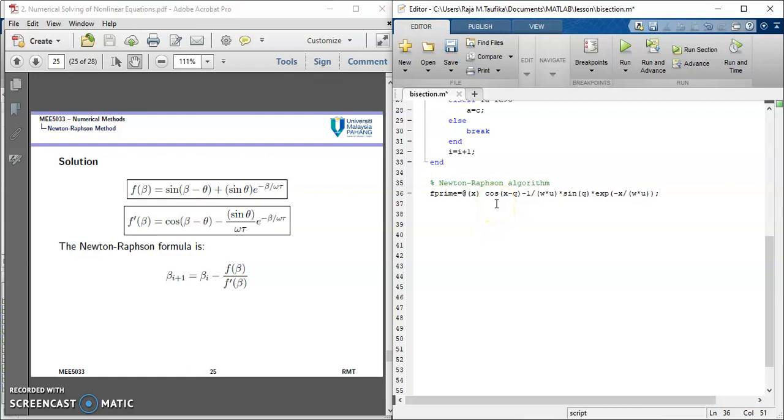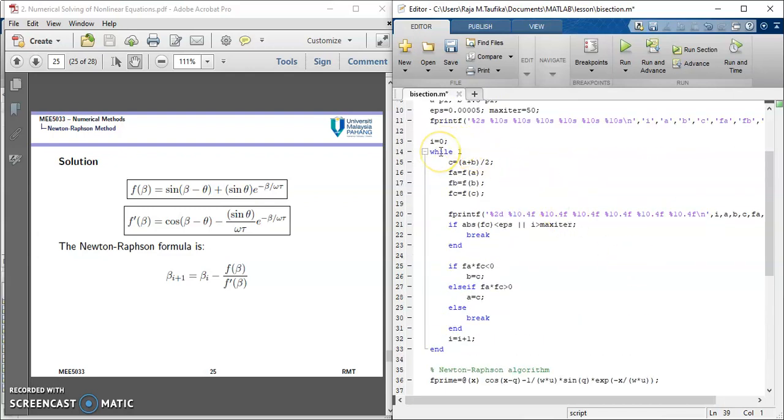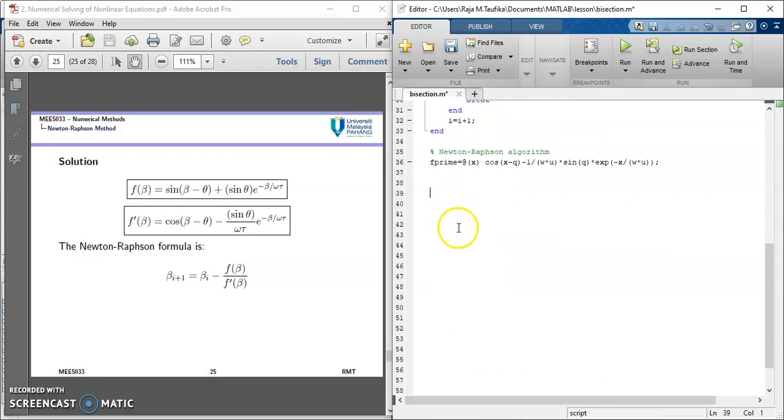And then we can literally begin with the algorithm, the Newton-Raphson algorithm. Let's think a little bit: what kind of loop can we use? Of course, while is one option, and alternatively we can also use a for loop, but I prefer to use while in this particular case.